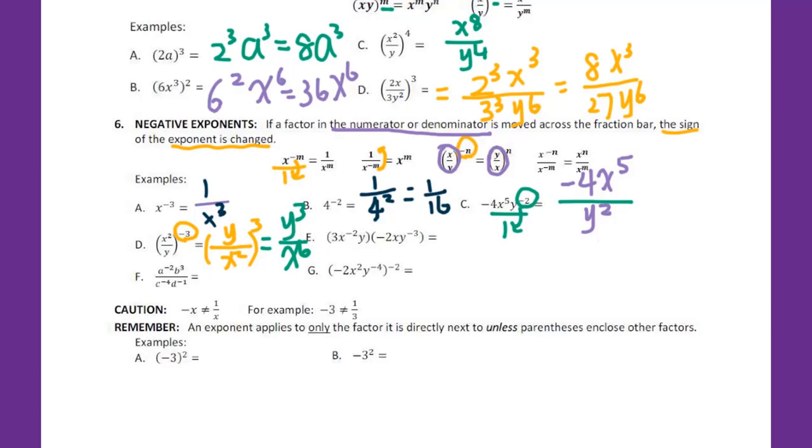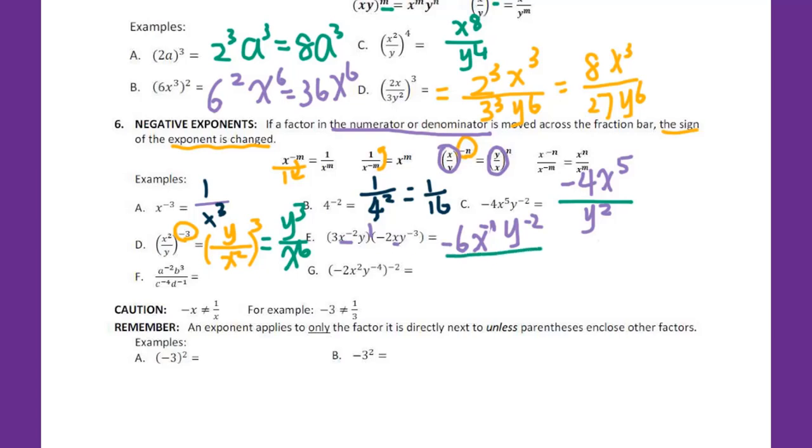So for e, first of all, we do the multiplication. You got negative 6, x to the negative 2 plus 1 is x to the negative first power. For the y part, you will get y to the first power plus negative 3, that's negative second power.